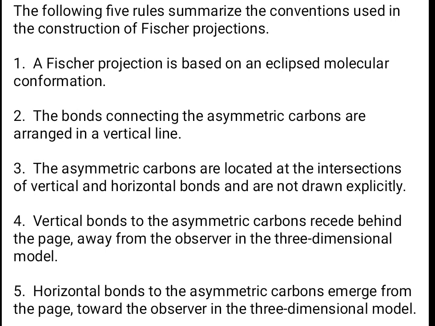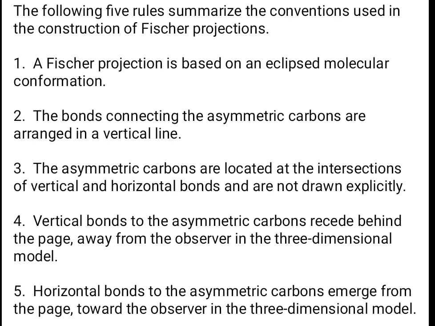The following 5 rules summarize the conventions used in the construction of Fischer projections. Number 1. A Fischer projection is based on an eclipsed molecular conformation. 2. The bonds connecting the asymmetric carbons are arranged in a vertical line. 3.